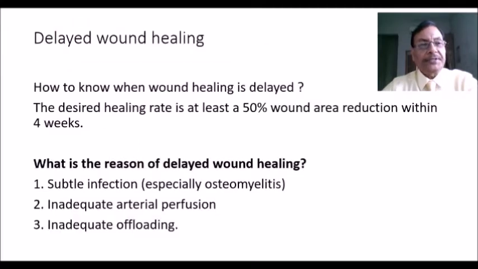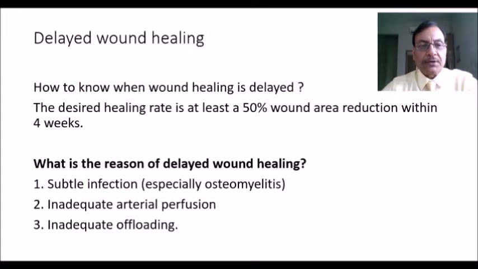Why is there delayed wound healing, and how will you know that it is delayed? The desired healing rate is that at least 50% of the wound area should be reduced within 4 weeks. If it is not reduced by 50% of the wound area within 4 weeks, then we say the wound healing is delayed.